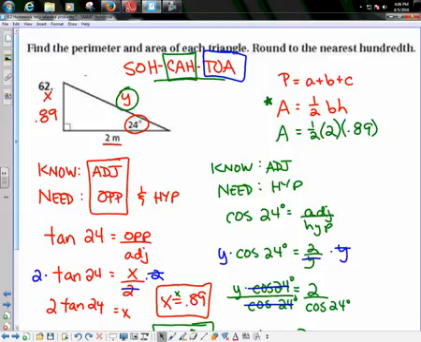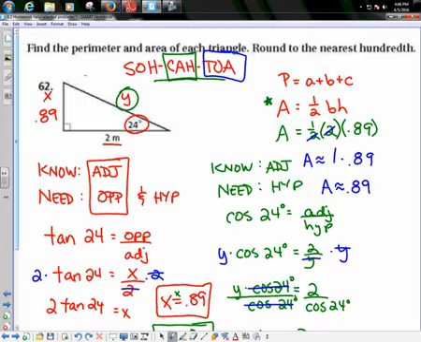And this is where being comfortable with fractions really helps. 1/2 times 2 is just 1. So my area is approximately 1 times 0.89, and 1 times 0.89 is 0.89.